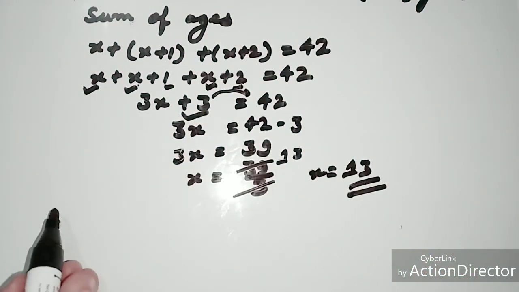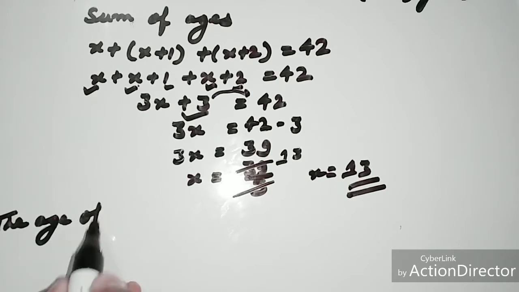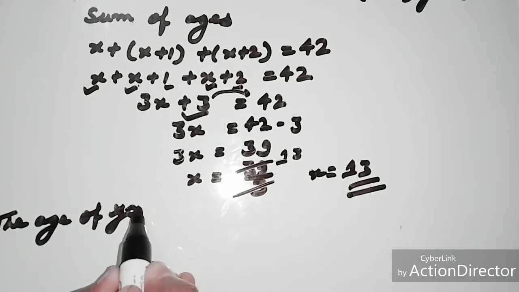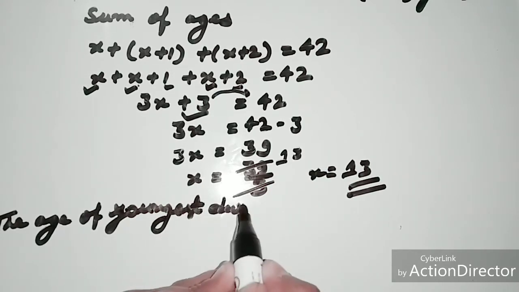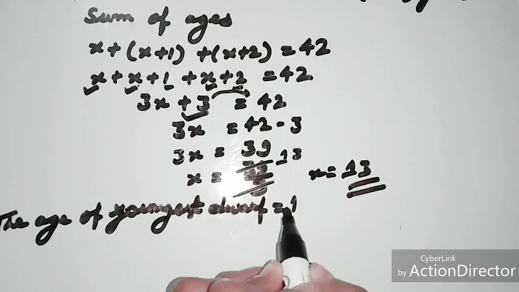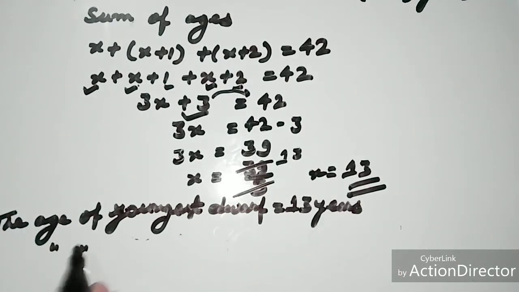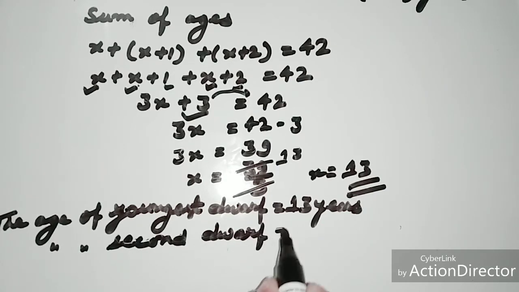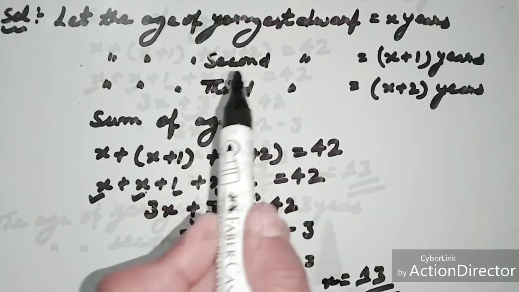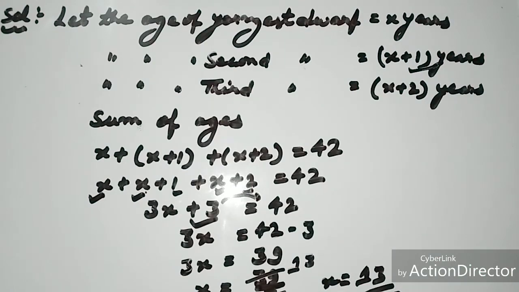So here we write the age of the youngest dwarf equals 13 years. Now the age of the second dwarf, we let it be x plus 1.